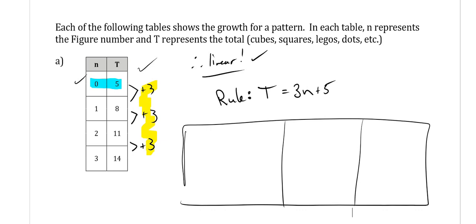Here's the other part. Which part is which? How many times have we added 3? We don't know. It depends on what figure number we're at. So 3 times that. Plus 5, because that's where we start, because that's where it was at 0.